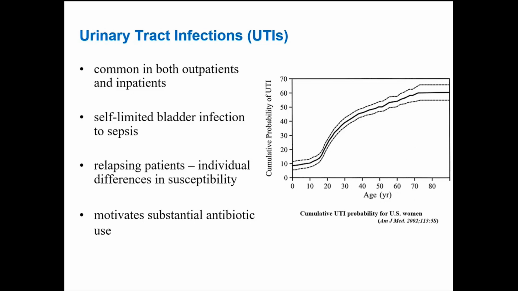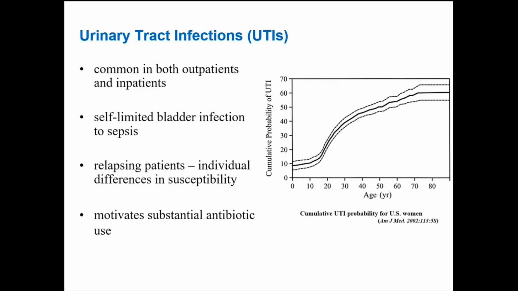Urinary tract infections actually encompass a broad array of infection subtypes, and they can present in a remarkably wide array of ways, from self-limited bladder infection, which is familiar to many, all the way to sepsis, where the infection spreads from the urinary tract to the bloodstream.